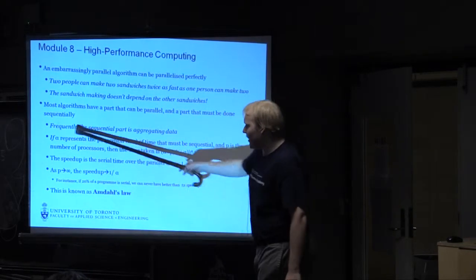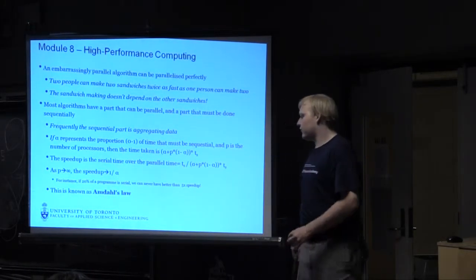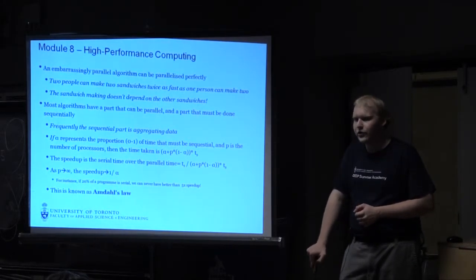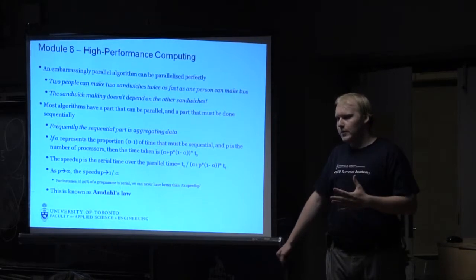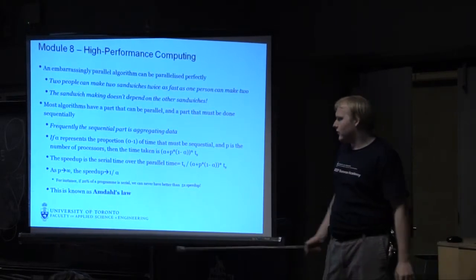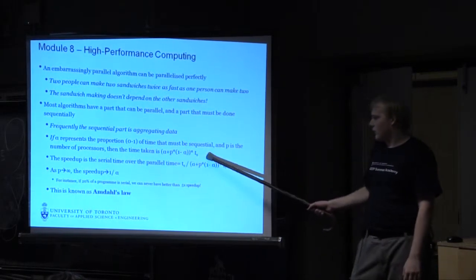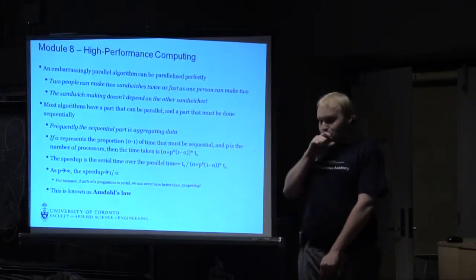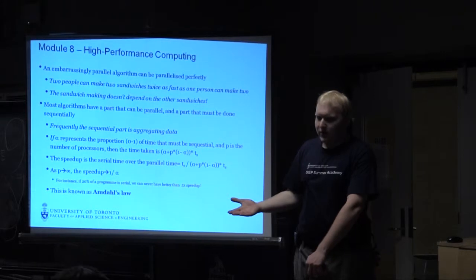So this is the Greek letter alpha, and it represents a proportion. You guys familiar with proportions? No? So a proportion of 0 means that if alpha equals 0, and alpha is the sequential section, it means that the entire thing is parallel.